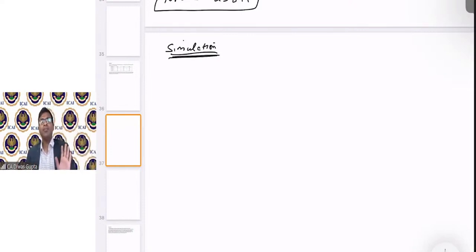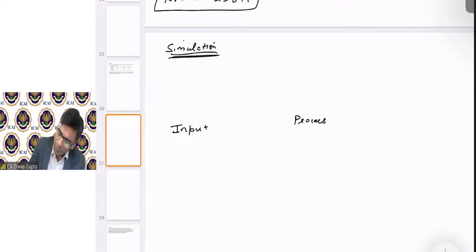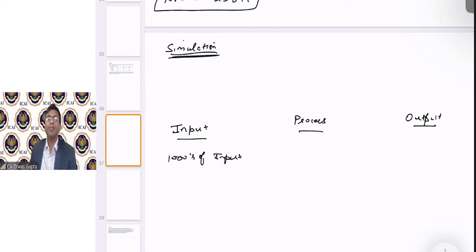In general way, simulation is actually repeating the same task, okay, for getting different outputs for different values of inputs. Again, I will say that input, process, and output. What if I keep on giving thousands of different inputs?